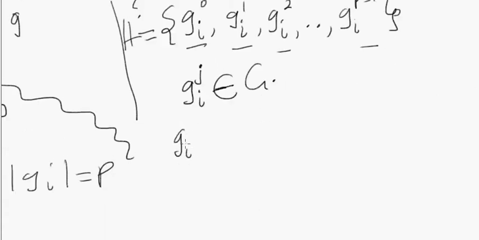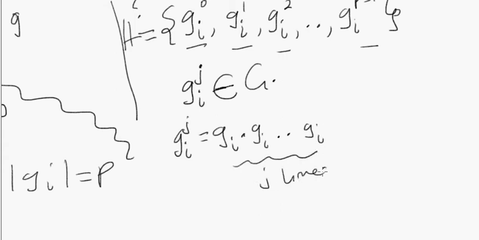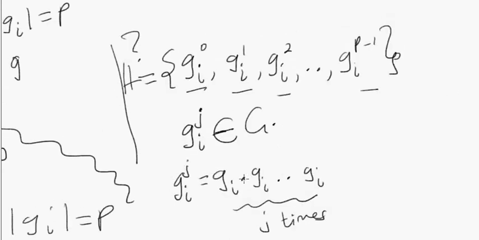Isn't G sub I to the J the same as G sub I times G sub I multiplied J times? If G sub I to the J is G sub I multiplied J times, and G sub I is an element of G, doesn't that mean that this product has to be an element of G?